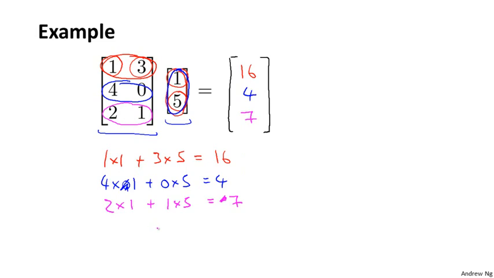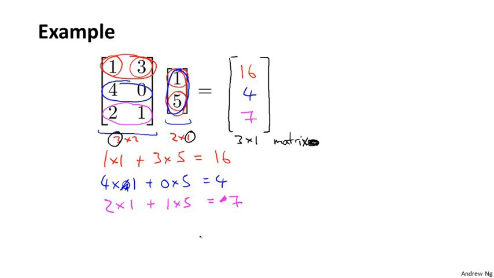It turns out that the result of multiplying a 3 by 2 matrix by a 2 by 1 matrix, which is also just a two-dimensional vector, is going to be a 3 by 1 matrix. In other words, a 3 by 1 matrix is just a three-dimensional vector.